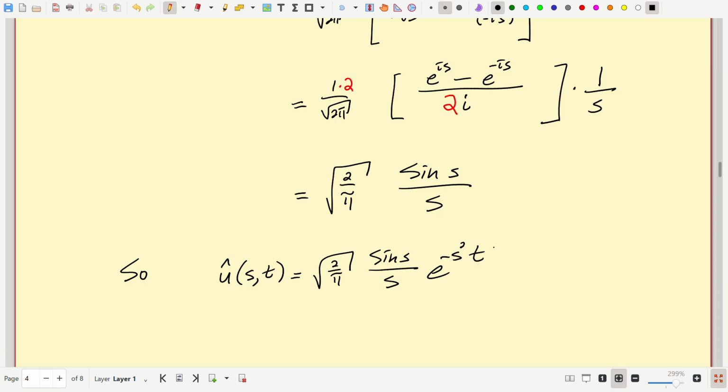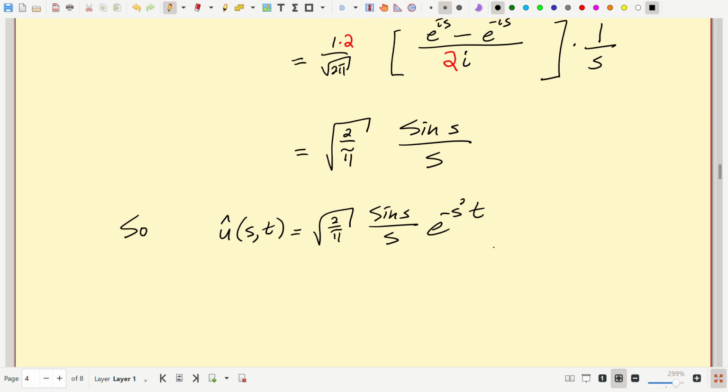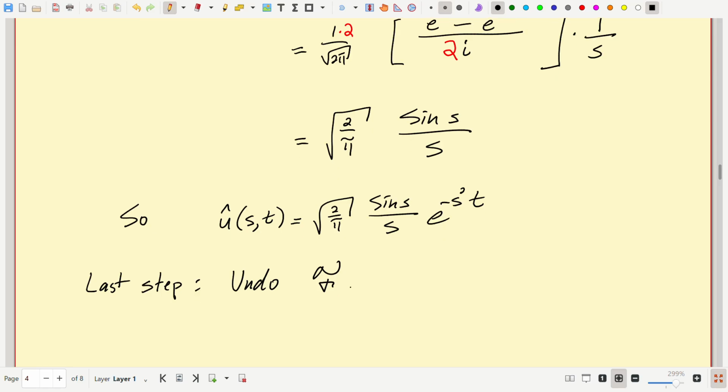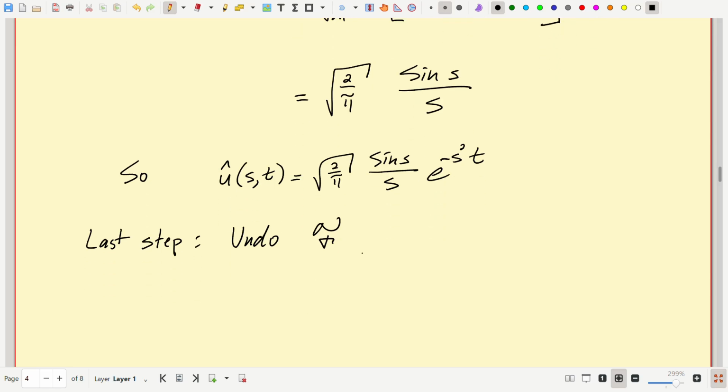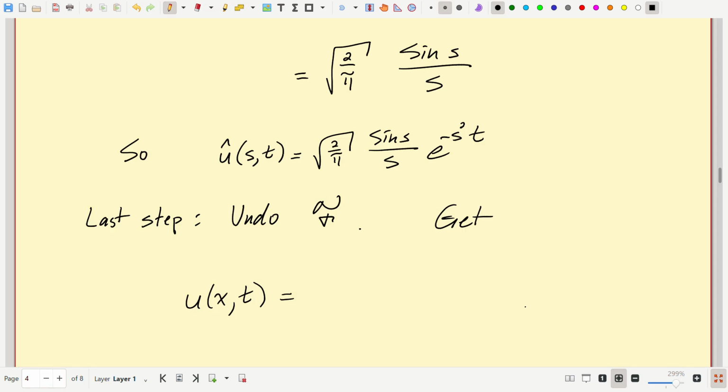The last thing I want to do is undo the Fourier transform in the space variable, and you get that u of x and t, the actual solution, would be the inverse transform of that thing.